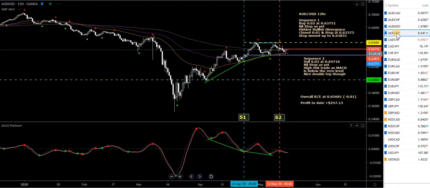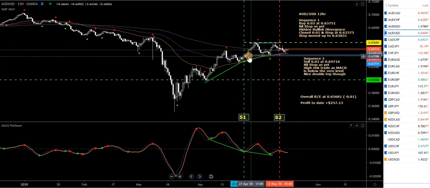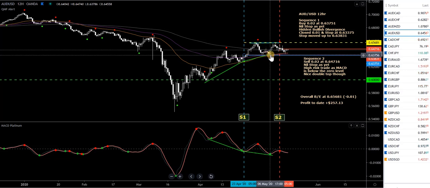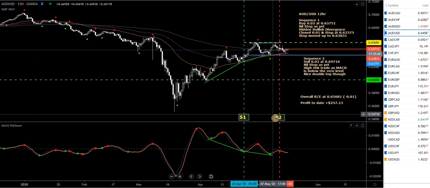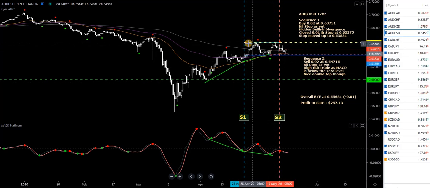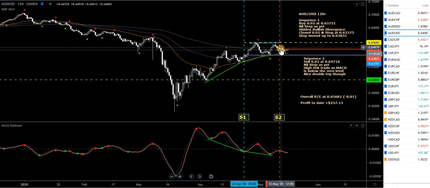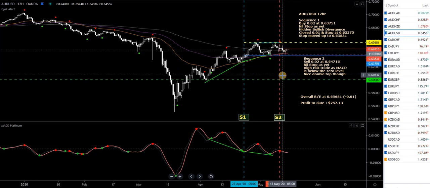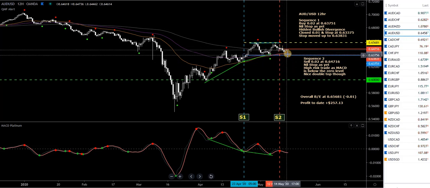All right, Aussie USD in a buy down here. It's already closed, got a stop in place. I was in another buy here, that's already closed out completely. And I've taken a sell up here, it was a high risk sell. You can see my notes there, but I like this little double top up here. It's come down. Didn't close half.